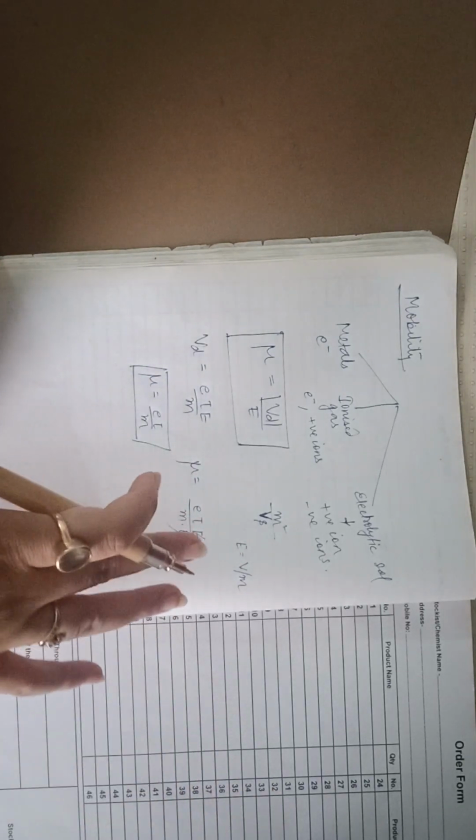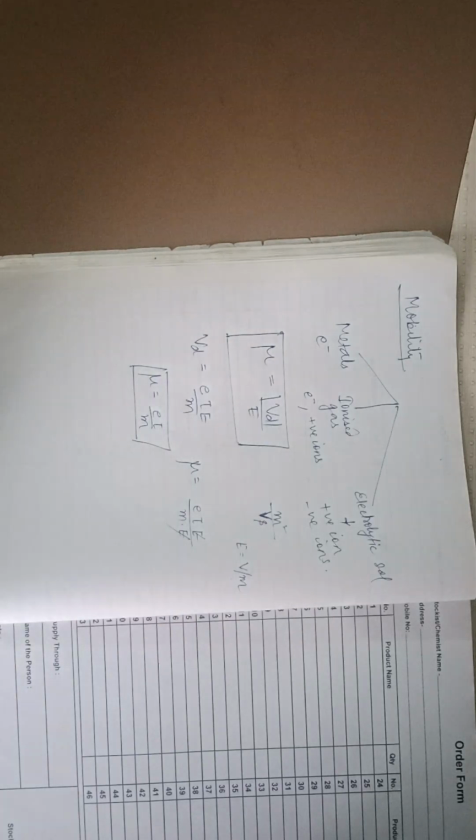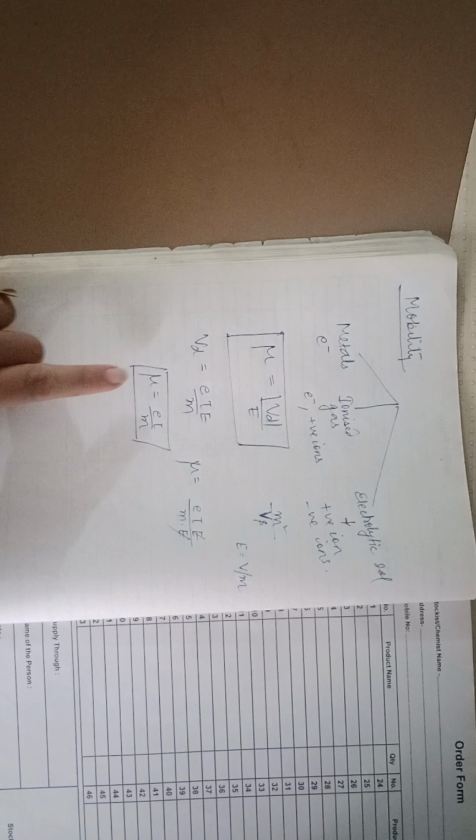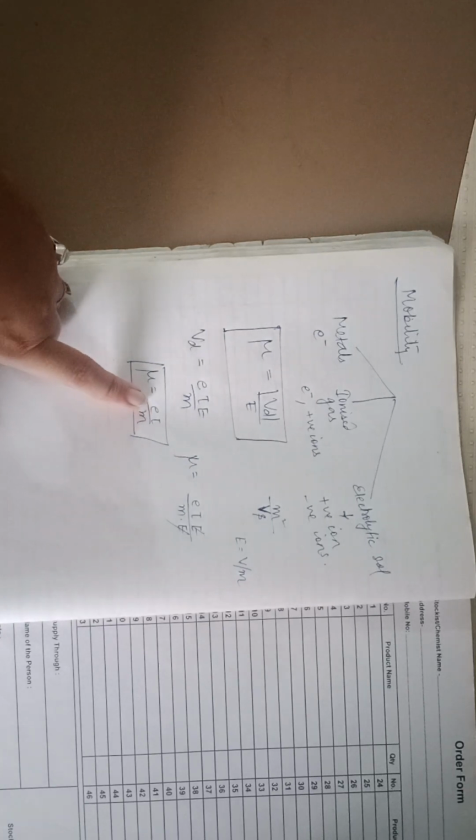No problem. Mu is mobility, e is electron charge, m is mass, and tau is your relaxation time. That is the average time of relaxation, the time between successive collisions, that is tau.